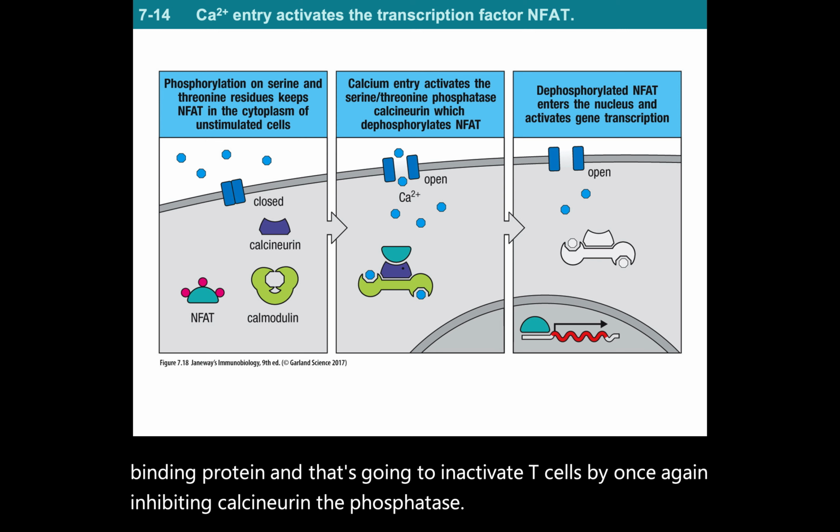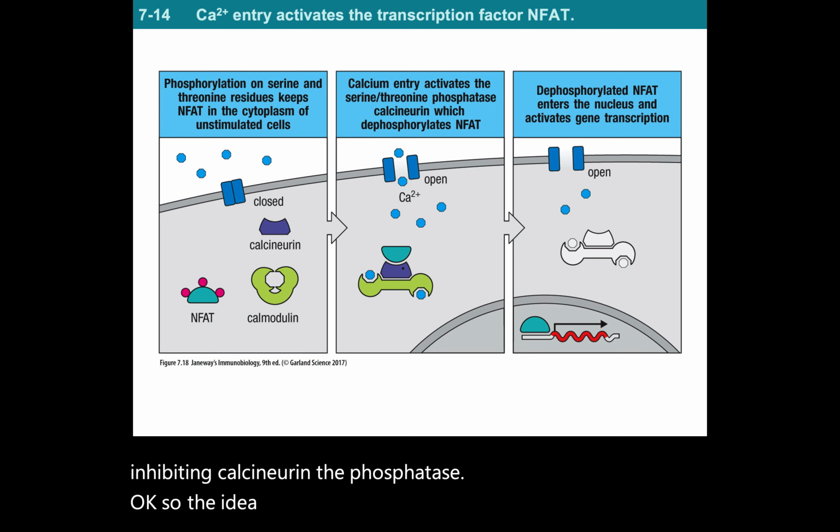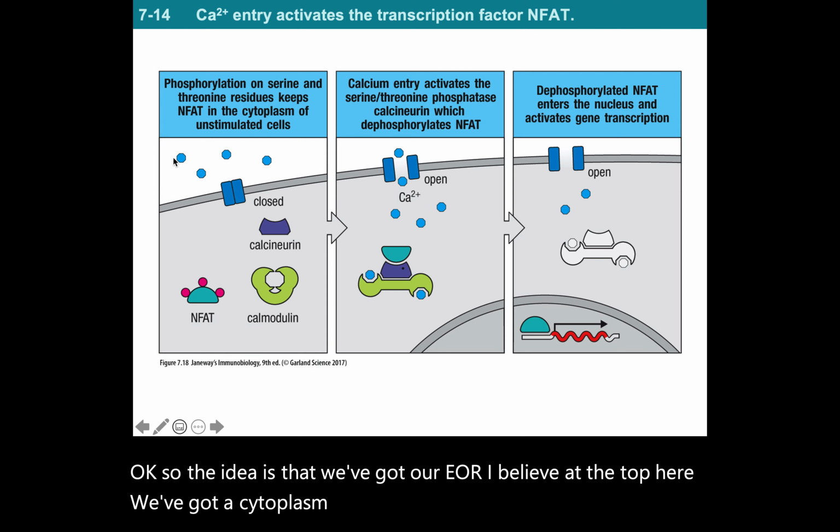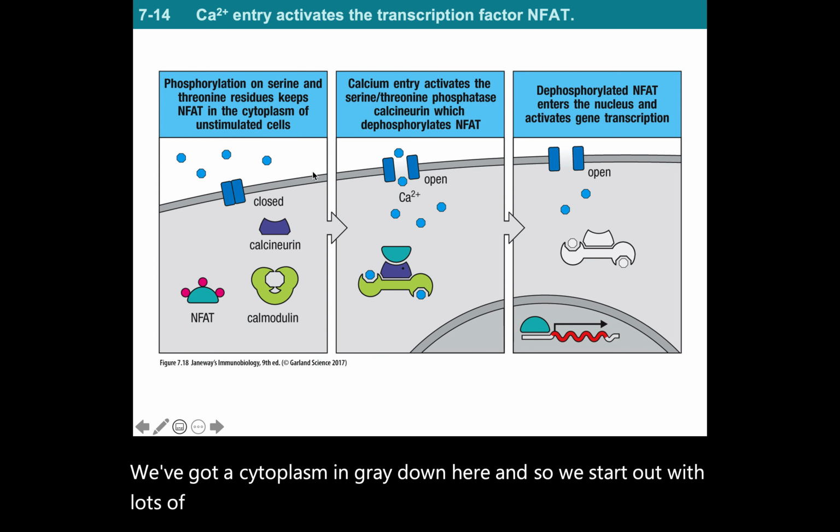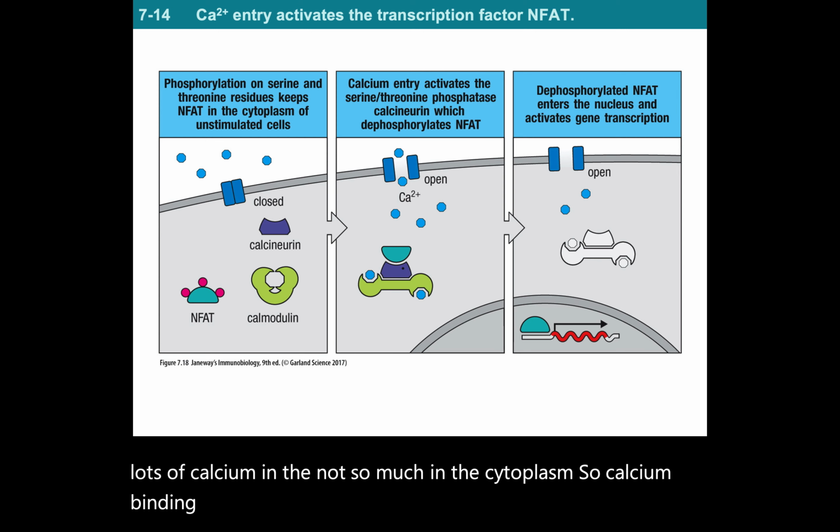Okay, so the idea is that we've got our ER, I believe, at the top here. We've got a cytoplasm in gray down here. And so we start out with lots of calcium in the ER, not so much in the cytoplasm. So calcium binding proteins in the cytoplasm just have to kind of hang out and wait.